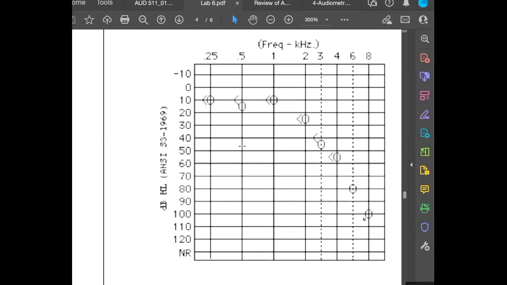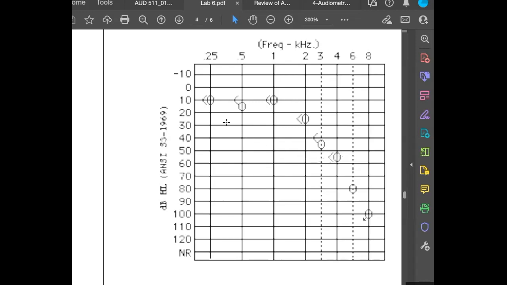I also want to point out you usually only do bone conduction from 500 to 4,000 hertz. This person did 250, but that's okay. We just typically don't do that. So the bone and air conduction responses are about the same. So there isn't a conductive component here, because if there were, then the bone would be better than the air.